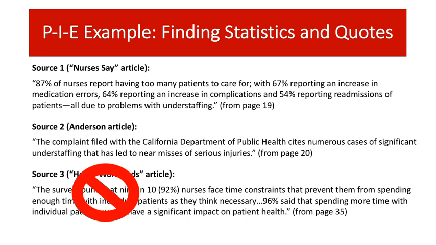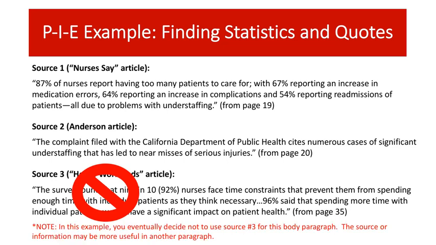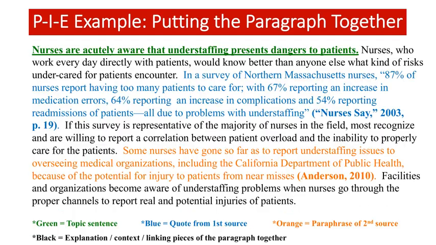Now, if I had time and energy and I wanted to, I could certainly use all 3 in my paragraph to support the point that I'm making. But if I don't want to include all 3, I can be picky and say I'm just going to choose these 2 to support my point.